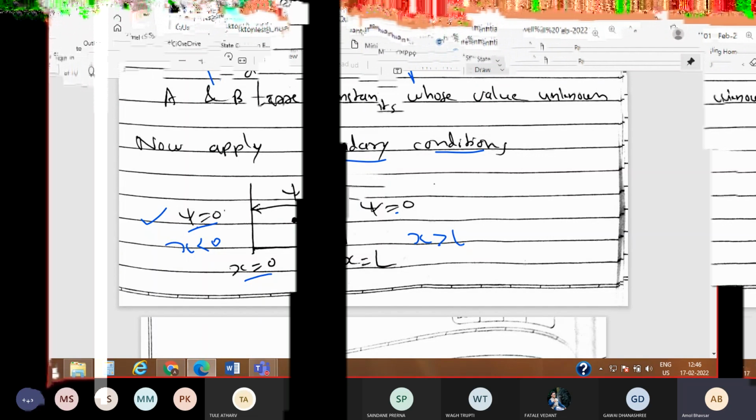So we are getting this equation psi 1 of x, putting the n value as 1 here. Psi 1 of x is equal to square root of 2 upon L sine of 1 pi x upon L. Put n is equal to 2, 3, 4, you will get these equations.